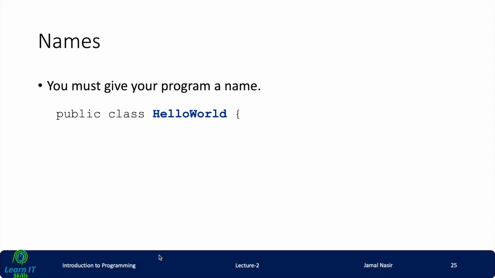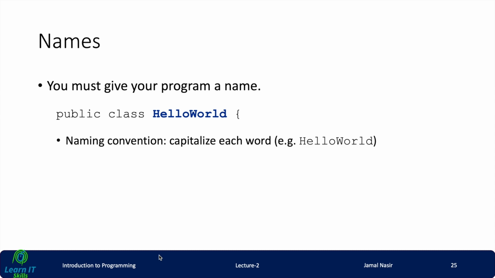So names: you must give your program a name, public class HelloWorld, just like this. The naming convention is to capitalize each word. Like in hello world, there are two words, hello and world. So it's good practice to join these, and the first letter of every word should be capital.